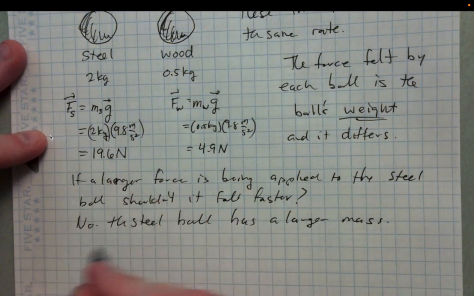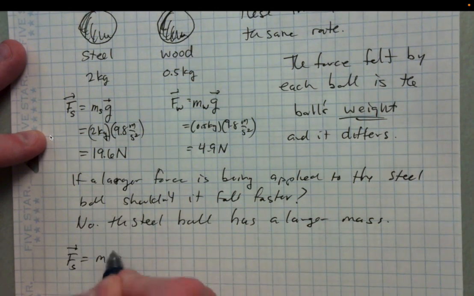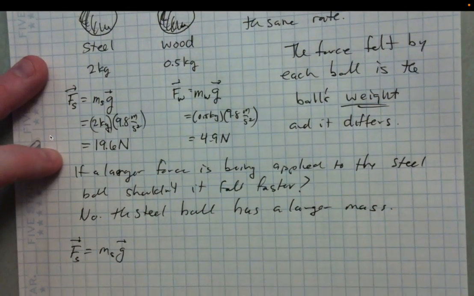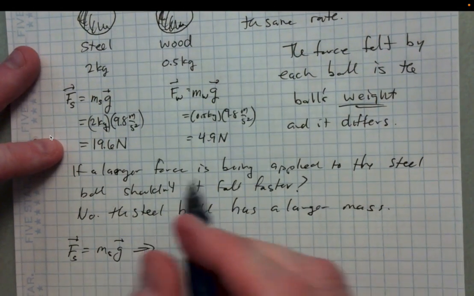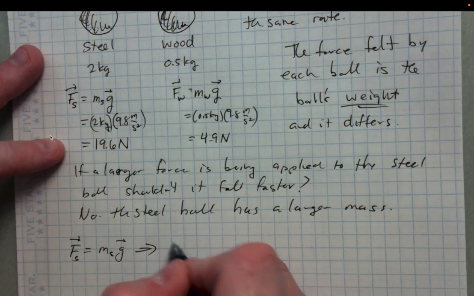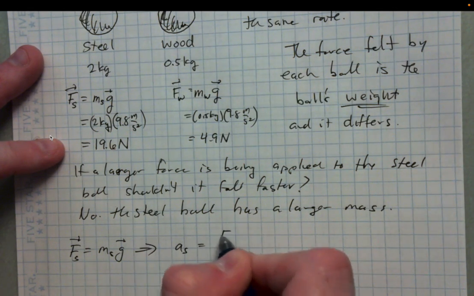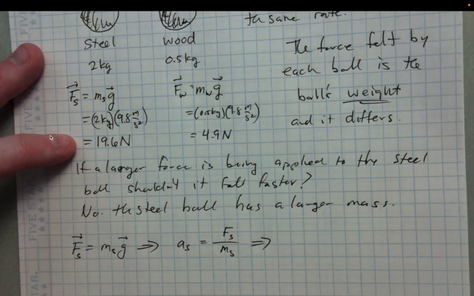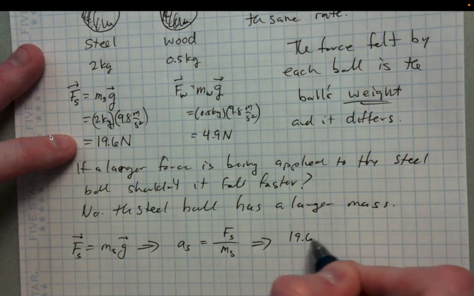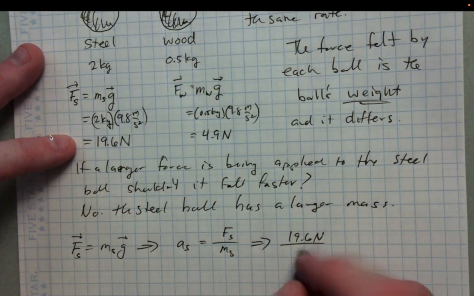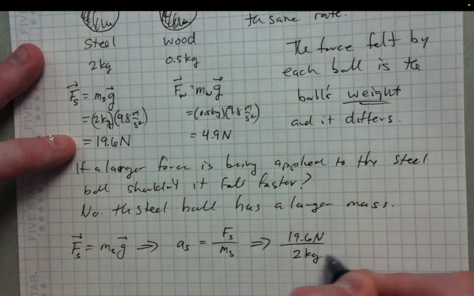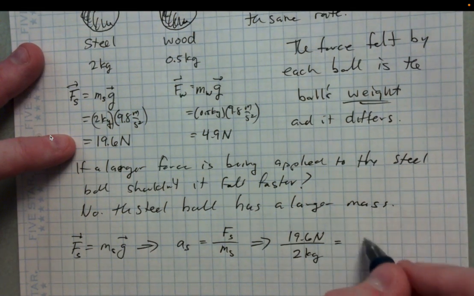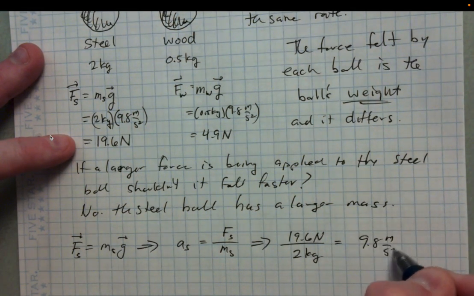And again, we can reverse this operation. If F of S is equal to m s times the gravitational acceleration, then with a little bit of algebra we see that the acceleration is equal to the force applied to the object divided by its mass. So in the case of the steel ball, you get 19.6 newtons divided by the mass, 2 kilograms, and what gets spit out is 9.8 meters per second squared.